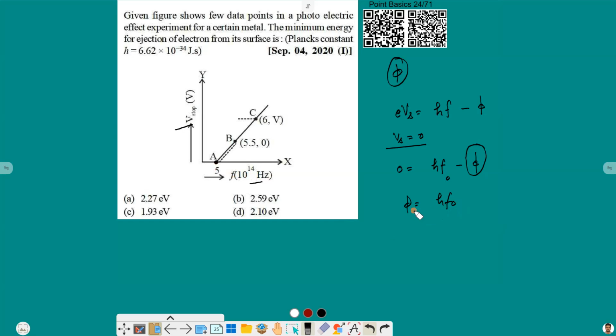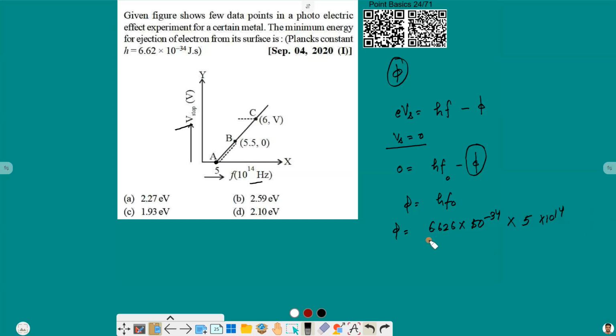So we can say that the work function will be 6.626 into 10 raised to the power minus 34 into 5 into 10 raised to the power 14, and this will be in joule.